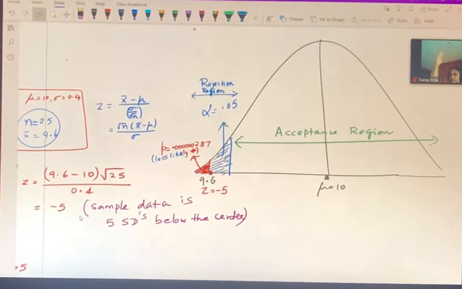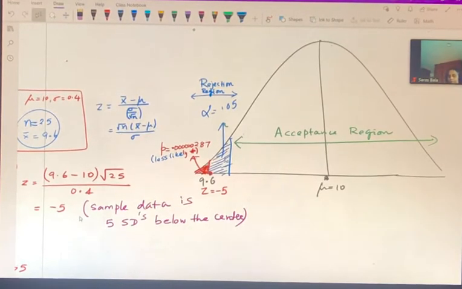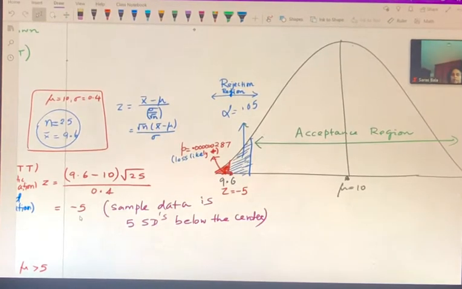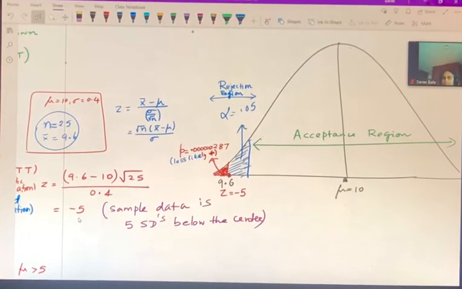Between z equal to -3 and z equal to +3, you have about 99.7% of the data. So now this is way below that, at -5, and that's going to give you a very, very unlikely probability, which is 0.00000287.